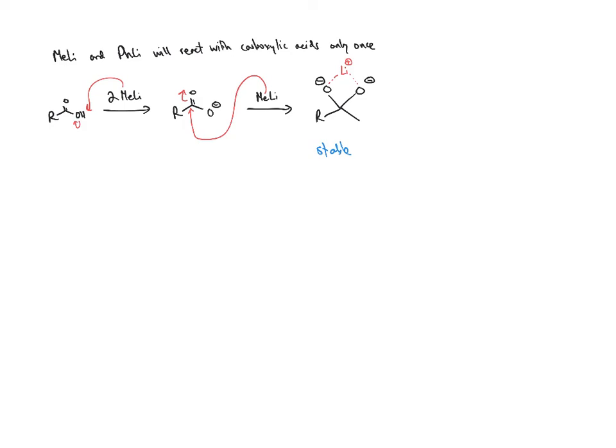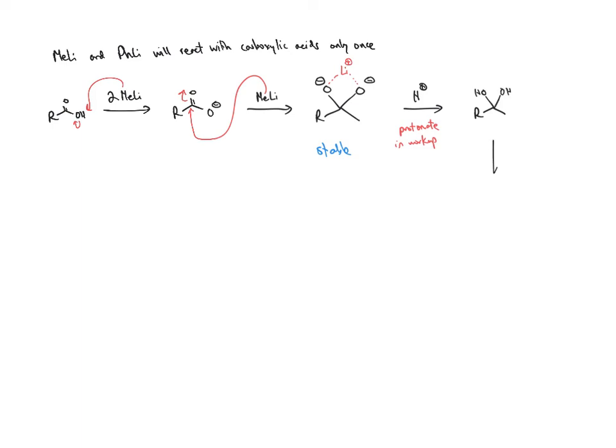And so when you work it up with, let's say, a proton source or ammonium chloride in a protonation step, what you're going to generate is the gem diol.